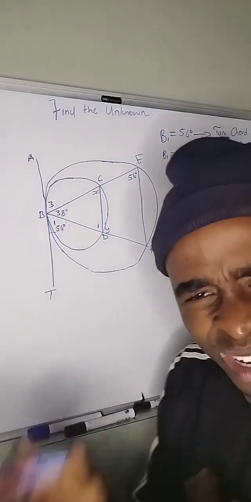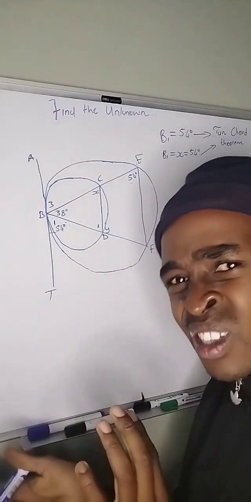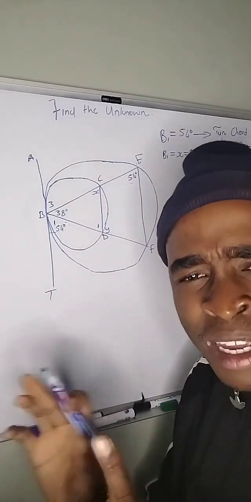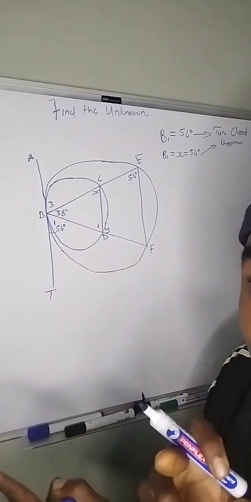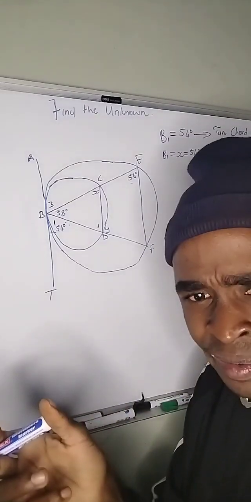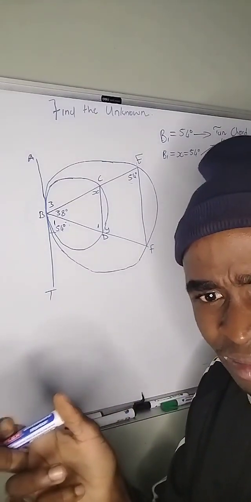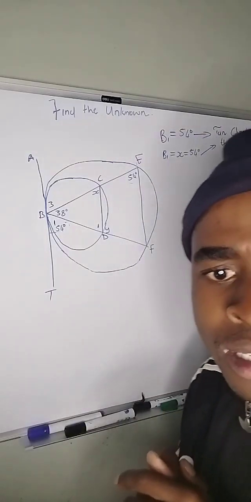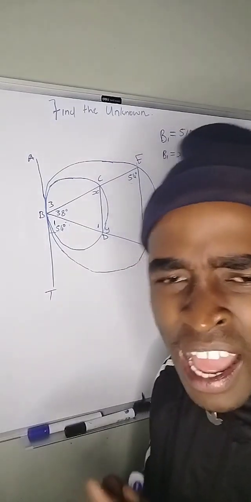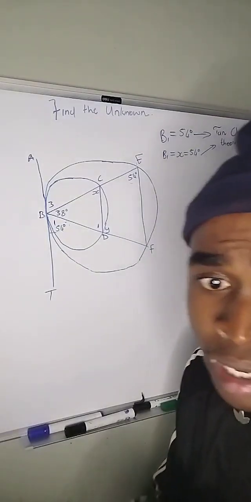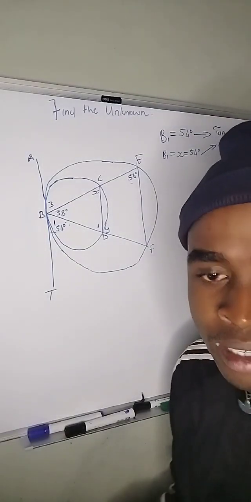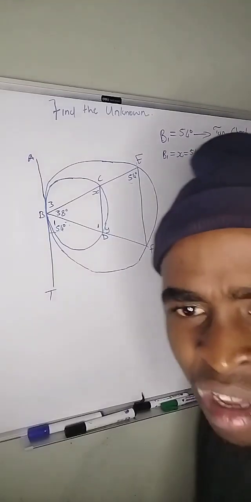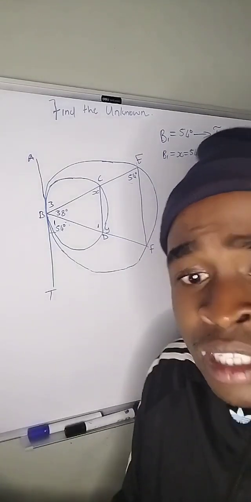Or maybe the first one is the converse. The first one is the converse and the second one is tan chord, ne? It depends on your approach. It's still the same thing.